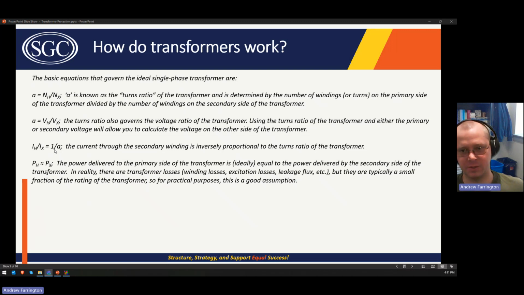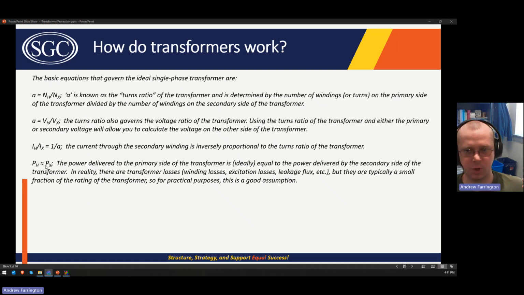The key takeaway is, if you have a high voltage winding providing power to a load, the high voltage winding will tend to have a lower amount of current than the low voltage winding, which will have a higher amount of current, because the voltage times the current is equal to the power transmitted through the transformer.